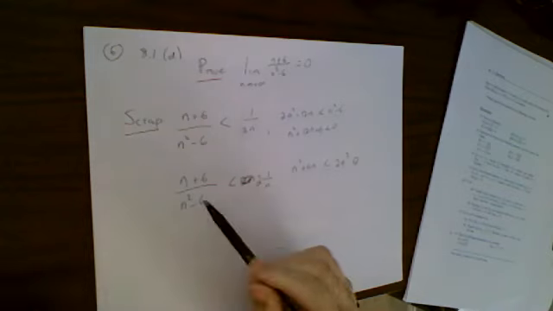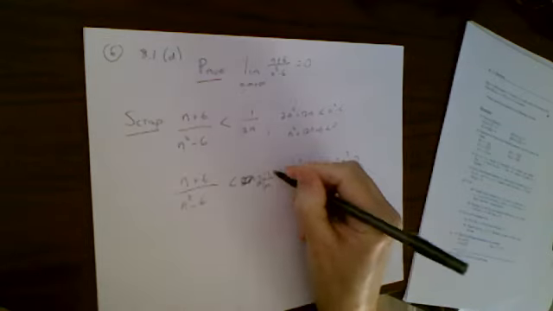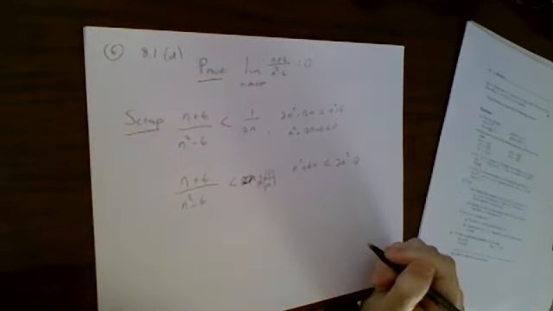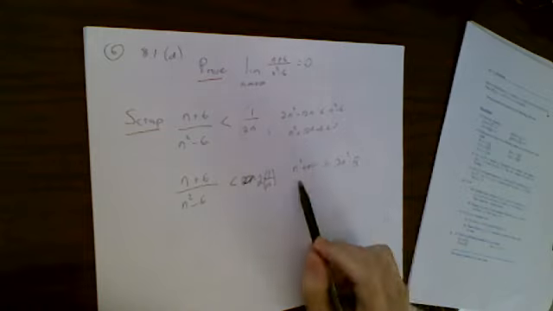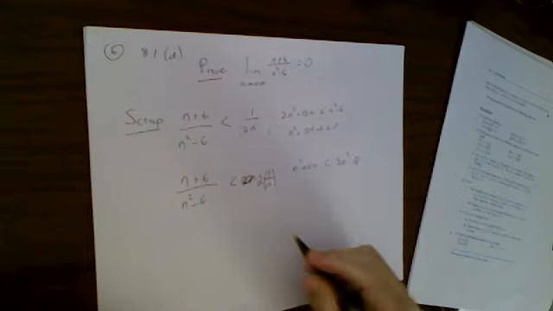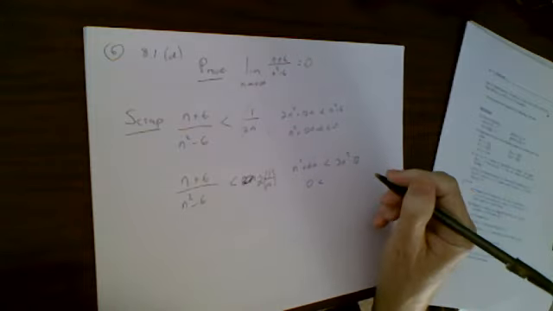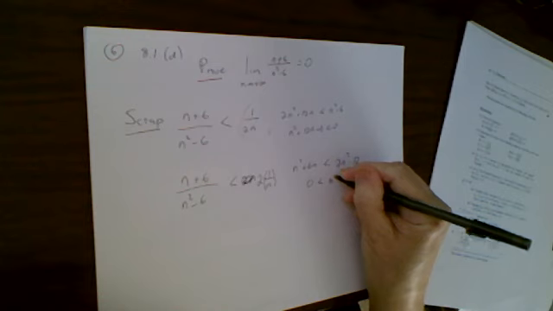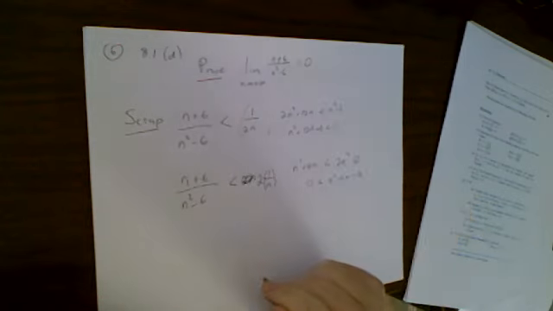Again, I'm comparing n plus 6 over n squared minus 6 to 2 times 1 over n. Cross multiplying, that's the same as n squared plus 6n being less than 2n squared minus 12, which is the same as 0 being less than n squared minus 6n minus 12.